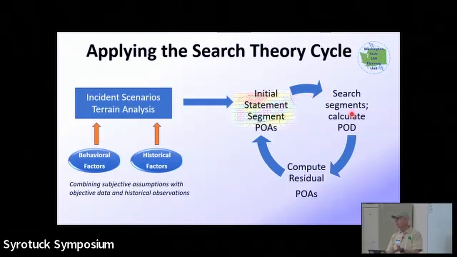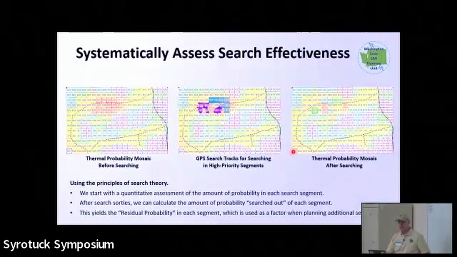We can calculate coverage and POD, again, by making an estimate of sweep width, which is a whole other talk. And anybody who wants to stay tomorrow can come, and we won't talk about that tomorrow. Then we can compute and show the residual POAs. So diagrammatically, it looks like this next slide.